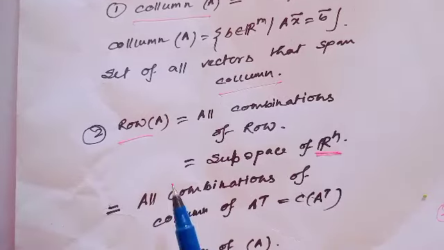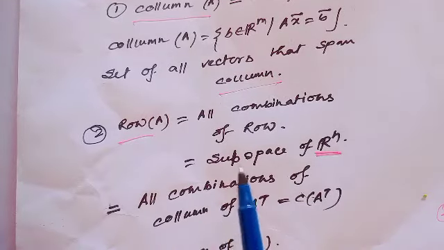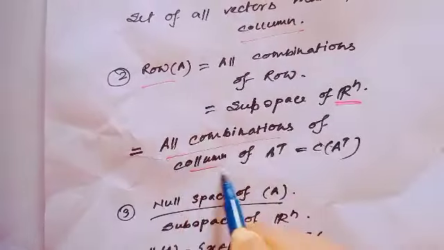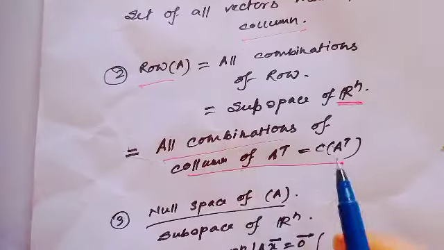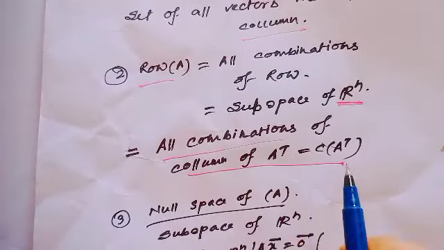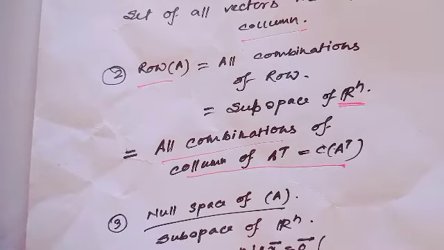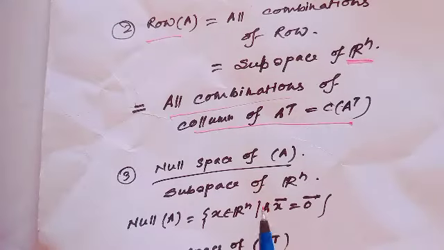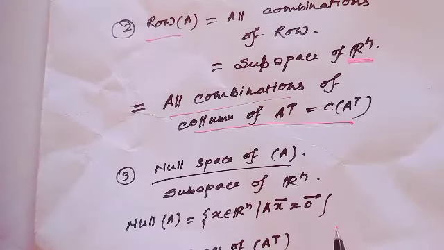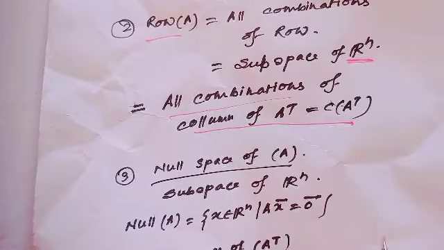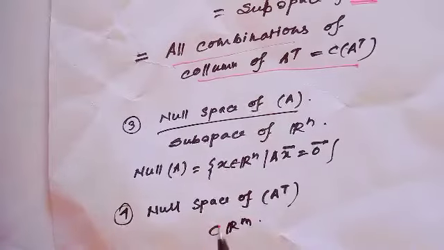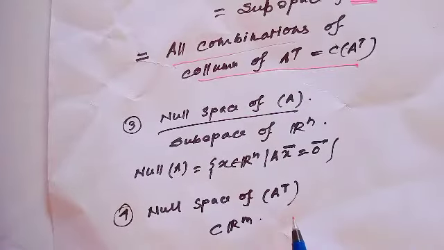And the row space of A is similar to all combinations of the column space of A transpose. That means the row space of A is similar to the column space of A transpose. And the null space of A means the set of those vectors in Rn such that Ax equal to 0. This is a subspace of Rn, and the fourth subspace is the null space of A transpose.